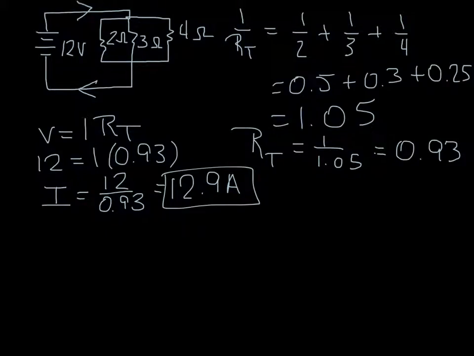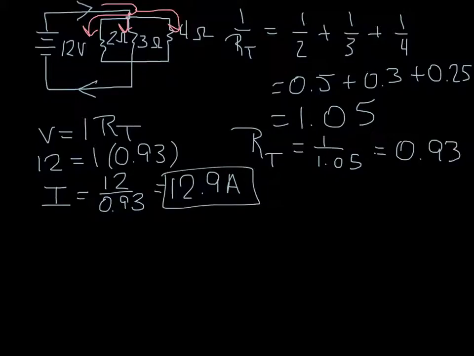So if we look at this, we know the current goes through, and some of it goes through the 2 ohm, some of it goes through the 3 ohm, and some of it will go through the 4 ohm. But how much current goes through each one? The one thing that is constant in parallel circuits is that the voltage across each one of these is going to be 12 volts.